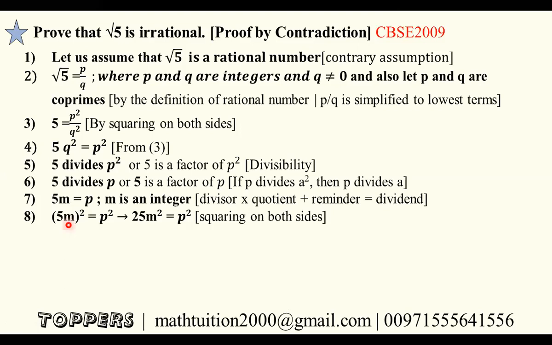So we'll get 5m whole square equal to p square. So 5m whole square is 5 square into m square. 5 square times m square is 25m square equal to p square. Now see, we have 25m square equal to p square.